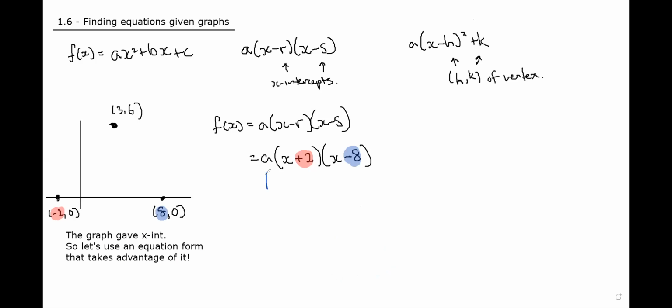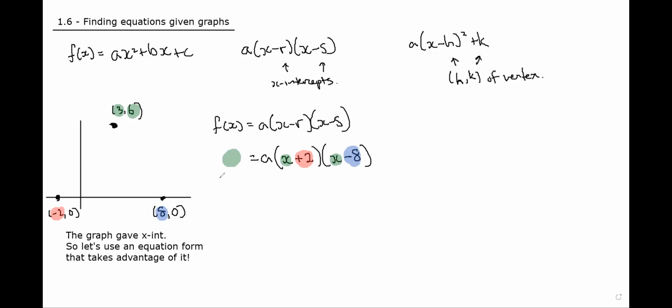So if we're looking for a, that means we need to fill in x, and we need to fill in something on the other side. That's where the random point comes in. Here, I'm going to color it in green. Okay? 3 and 6 is going to be our random point, and it's going to help us find the a value to complete this equation.